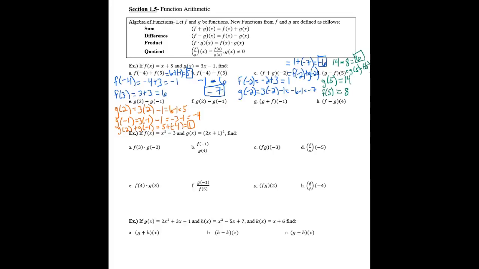Now part F. So I'm going to run out of room here, so I'm going to only write the basic notation that we need. So G of 2 minus G of -1. Well, we found G of 2 over here already, and that was 5. Oops, I think I want to use a different color.